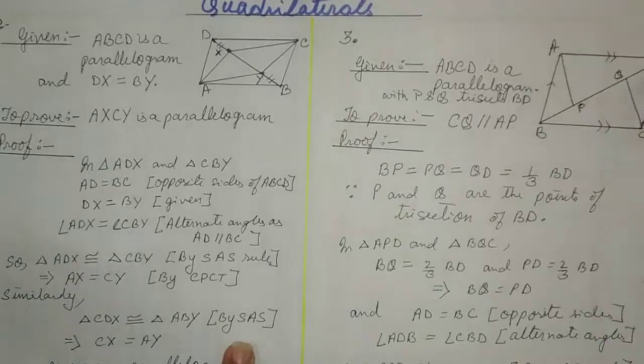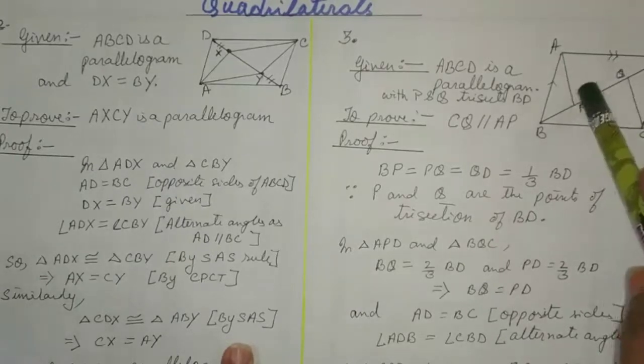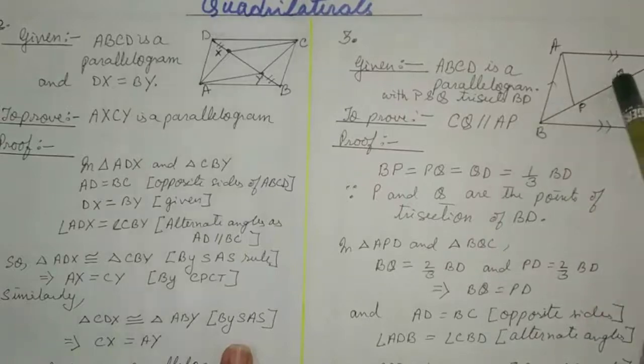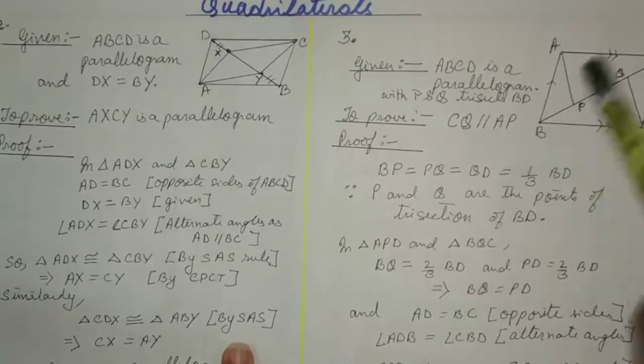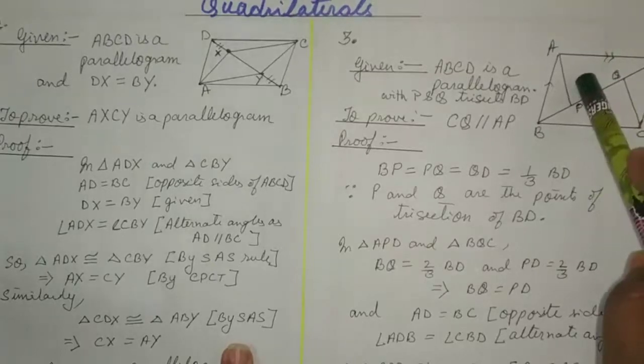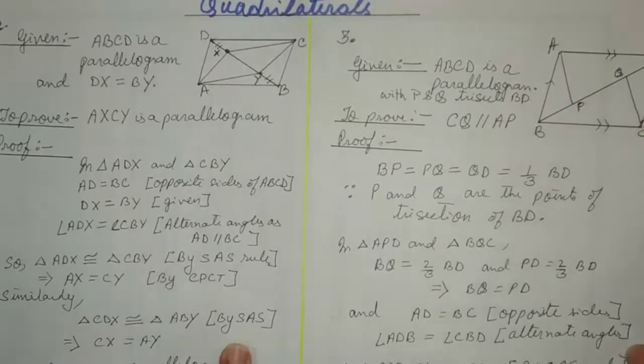And we know that AD and BC, being the opposite sides of the parallelogram, are also equal. And we know that angle ADP is equal to angle CBQ. How? Because they are interior alternate angles. So triangle APD and triangle BQC are congruent by SAS rule.